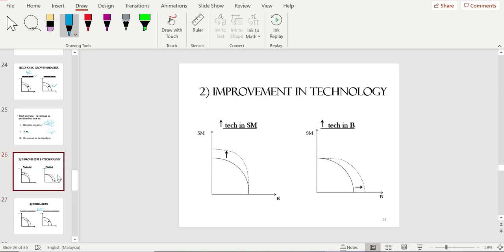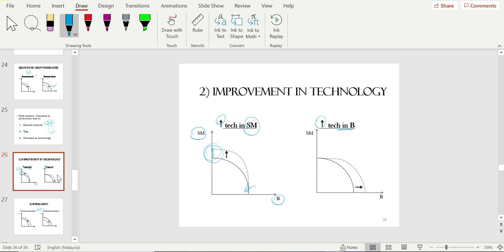And here is a special case lah. Barang ni, SM stand for sewing machine, B stand for butter. Okay, kalau soalan bagi tahu teknologi sewing machine sahaja yang berubah, so apa yang berubah adalah sebelah sewing machine sahaja. PPC yang sebelah sini je akan berubah, yang kat sini static. Kalau yang ni dia kata teknologi butter sahaja yang berubah, yang meningkat.